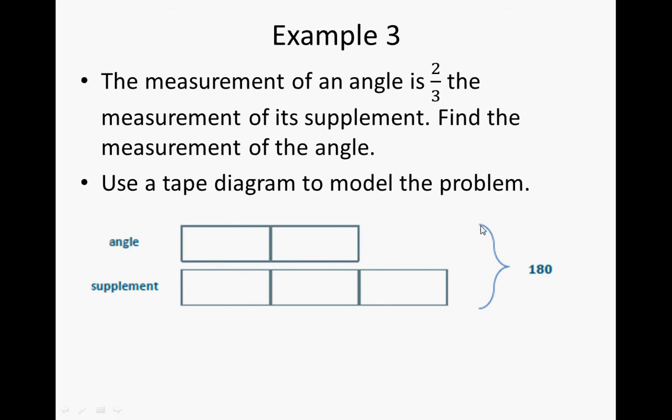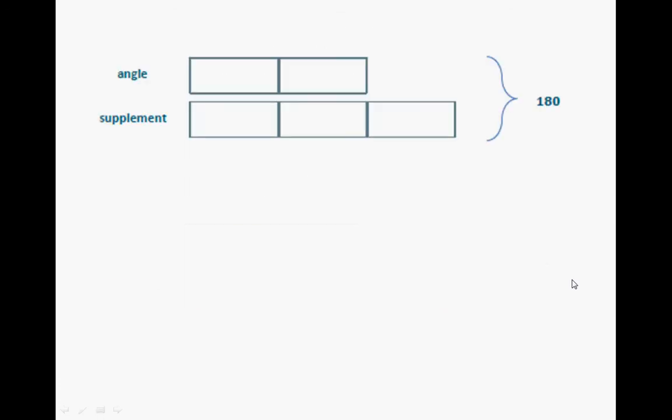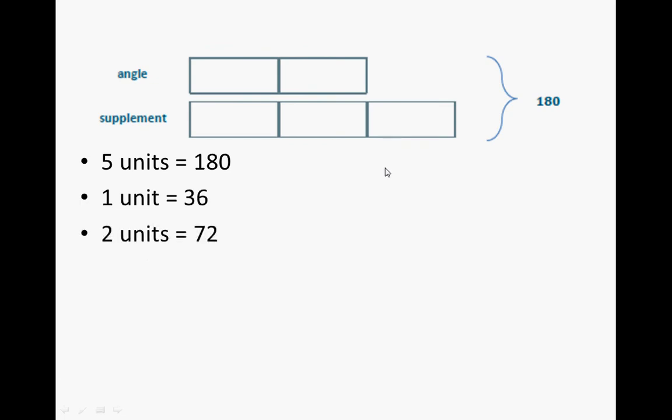Because it's a supplement, both of these together have to be 180 degrees. So we have 5 units, which is 180. That means 1 unit is equal to 36. 2 units would be 72, and 3 units would be 108.